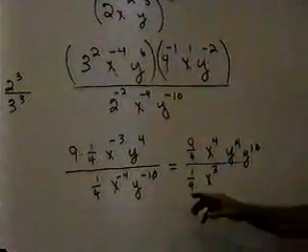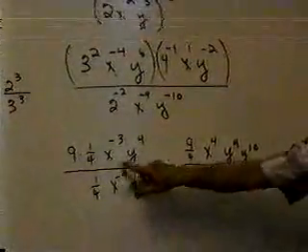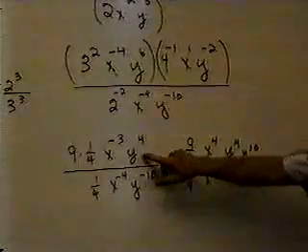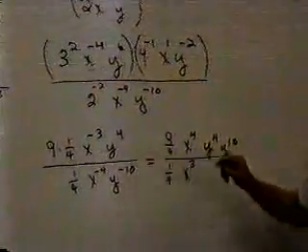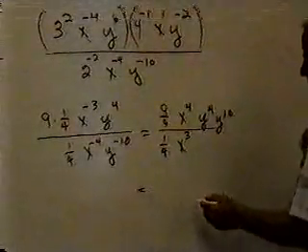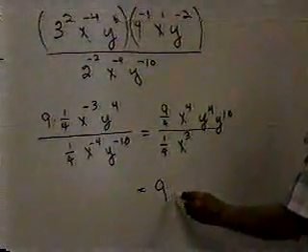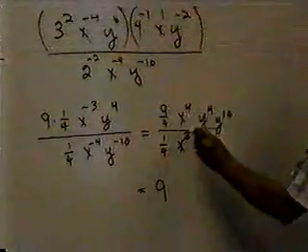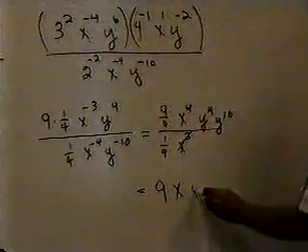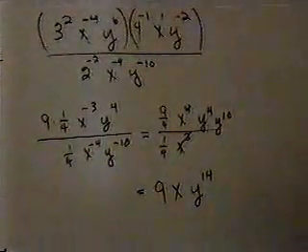What I did is this x to the minus 3, move it down, x to the minus 4, move it up, y stays here, this y moves up. And now let's simplify. 9 fourths divided by 1/4 is 9. Subtracting, get 1 of those. Adding, we get 14 of those.